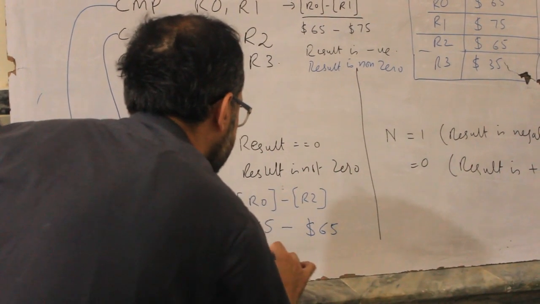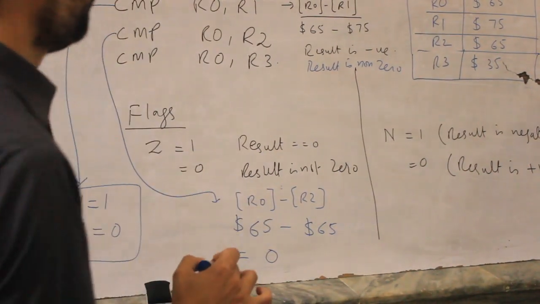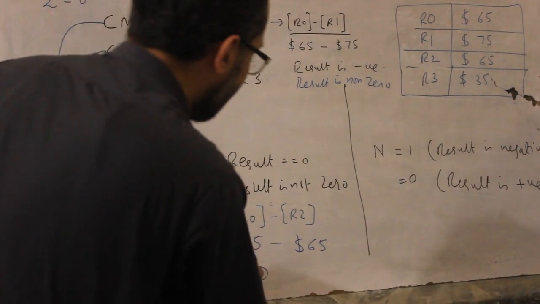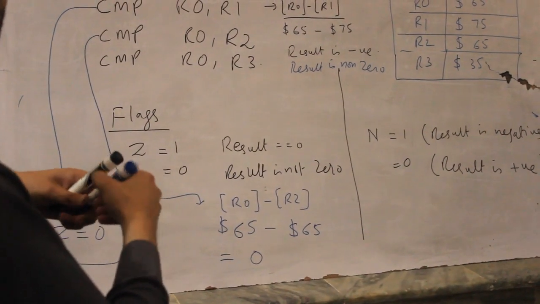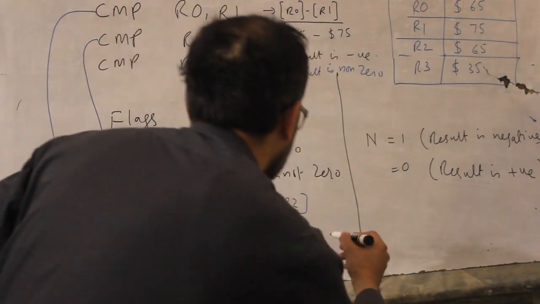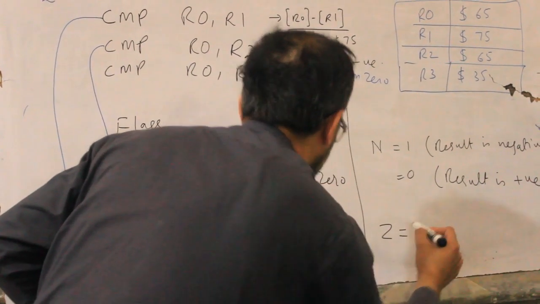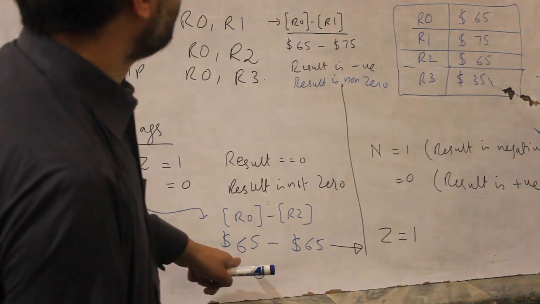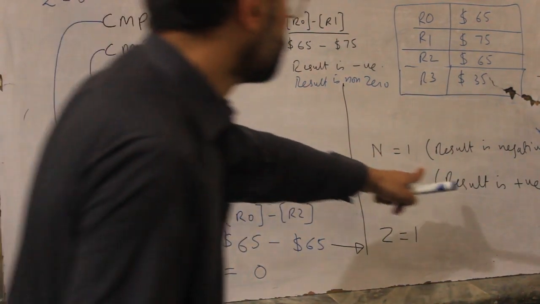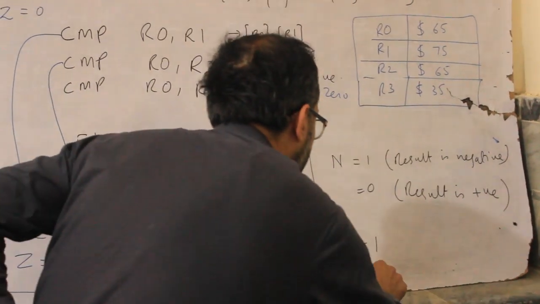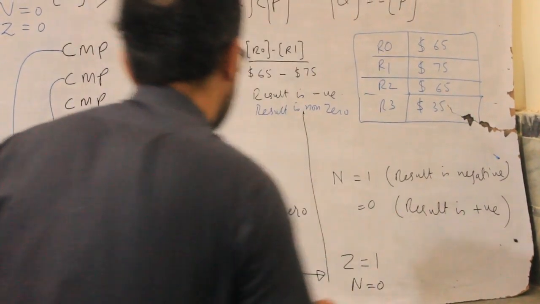So the result is 0. When the result is 0, the Z flag will be set to 1, and because it is not negative, the N flag will be 0.